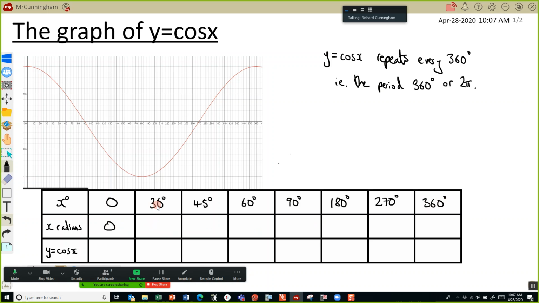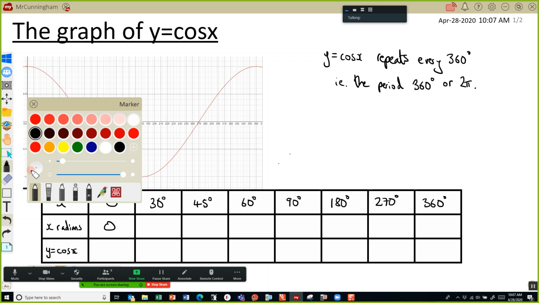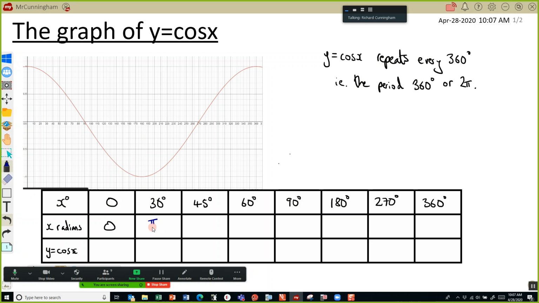All right, 30 degrees in radians is pi over 6. 45 degrees.